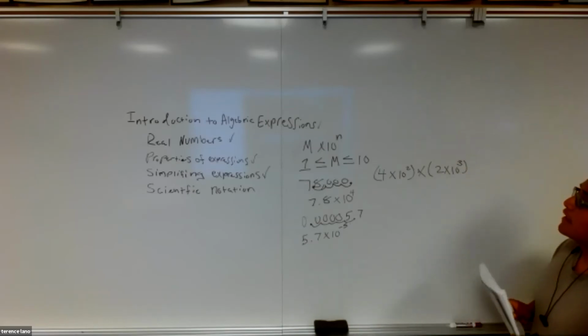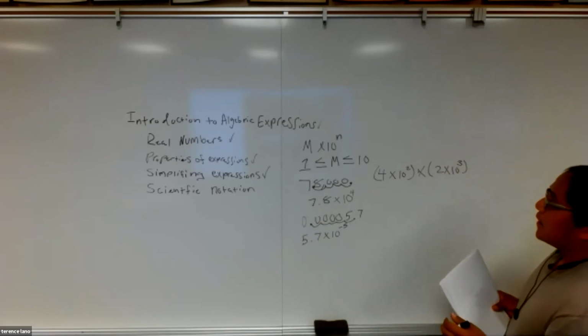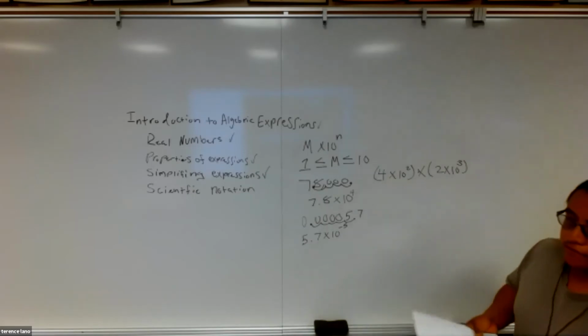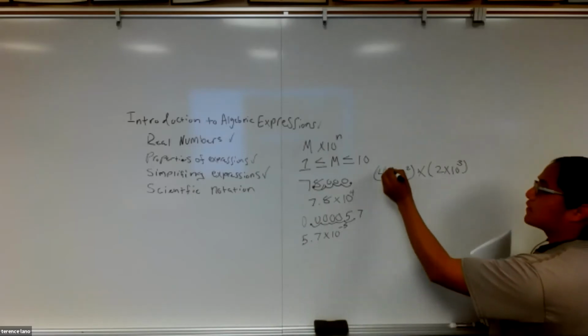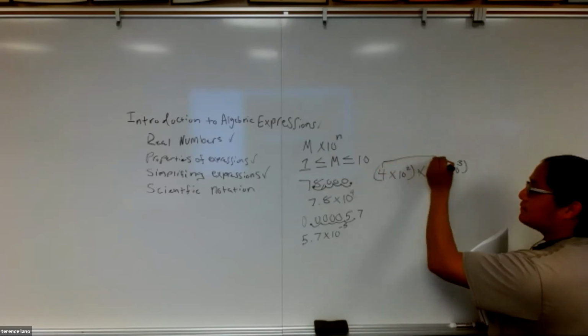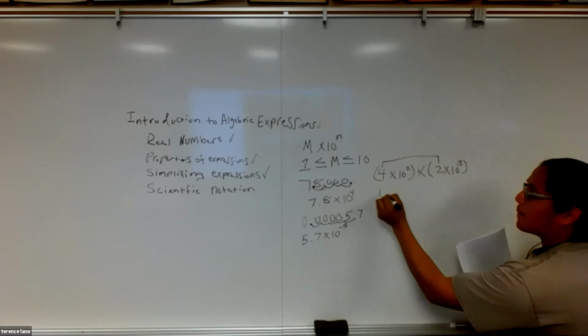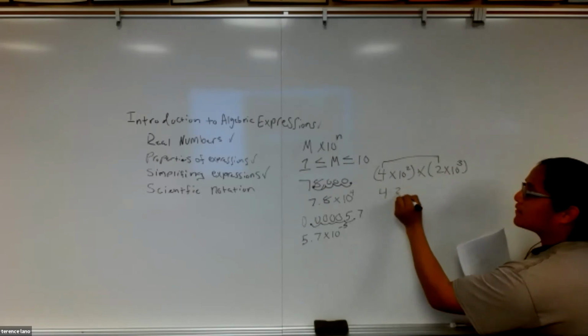When we're multiplying scientific notation, only in scientific notation will this work. We take our first two numbers, 4 and 2. We can multiply that, 4 times 2.